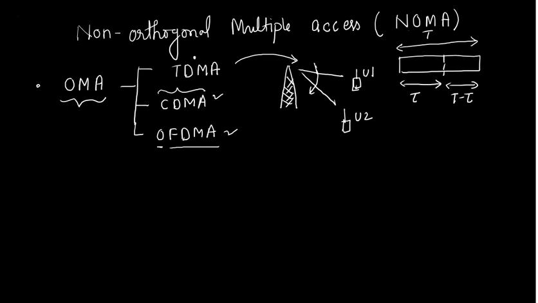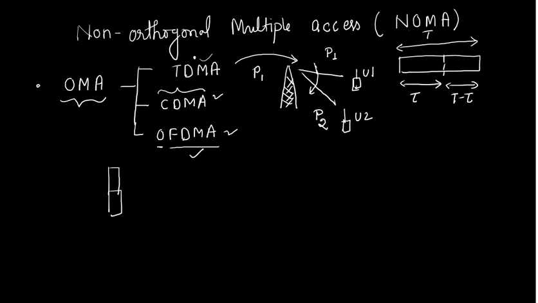But what happens in non-orthogonal multiple access? Both the users U1 and U2 are served over the same time and the same frequency slot, but we differentiate them in power. What do I mean when I say that two users are different in power? It means the base station will transmit P1 power to U1 and P2 power to U2.